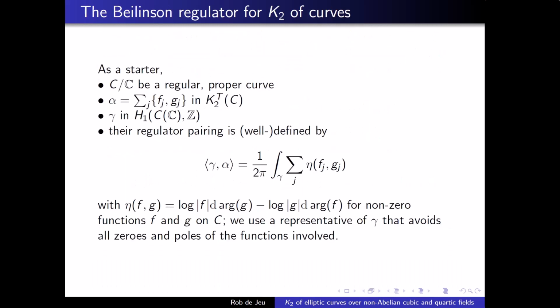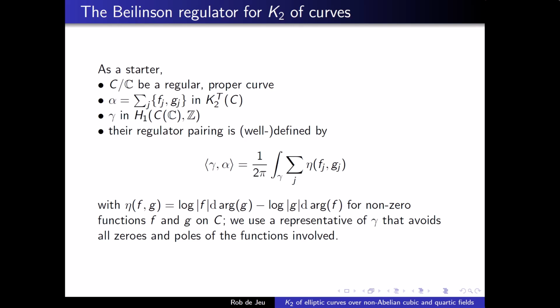Okay, so what is the Beilinson conjecture about? Let's start with the curve over the complex numbers. Many thanks to Vadim for dealing with this slide mostly. So you take a nice regular proper curve, you take an element in the kernel of the tame symbol, take a loop or a sum of loops on the curve, and then you pair the loop and the element in K2 by writing down this eta, which Vadim also wrote down.